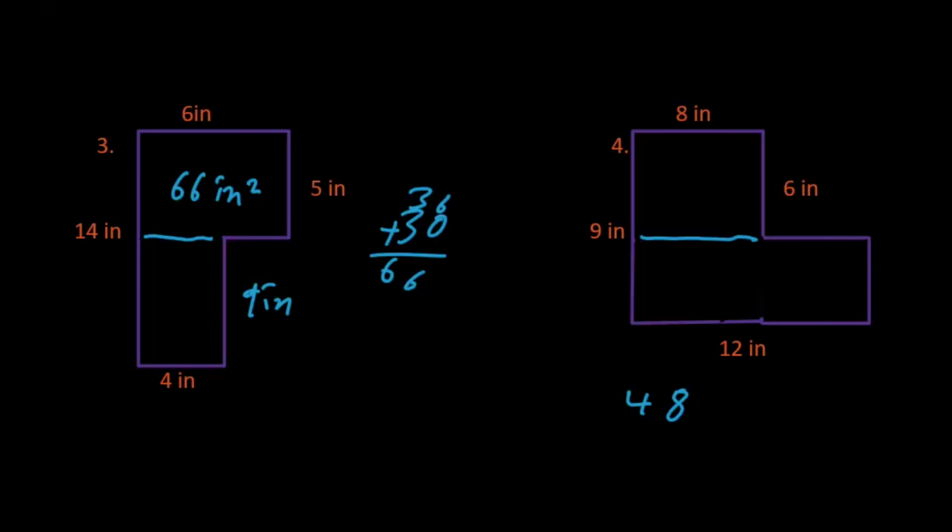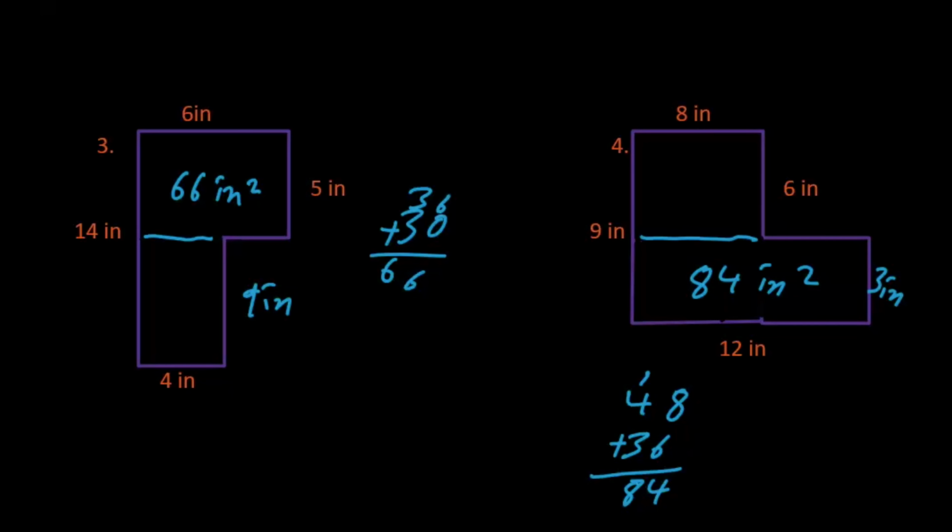So we have to do 9 minus 6, which is 3 inches. Okay? So 12 times 3 is 36. 8 plus 6 is 14. So you carry the 1. 1 plus 4 is 5. 5 plus 3 is 8. So this is 84 inches squared.